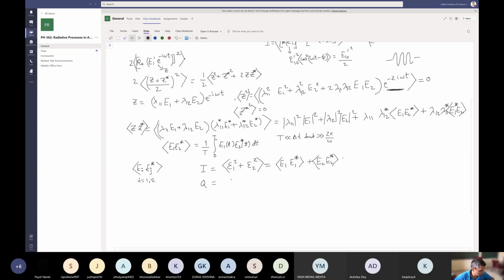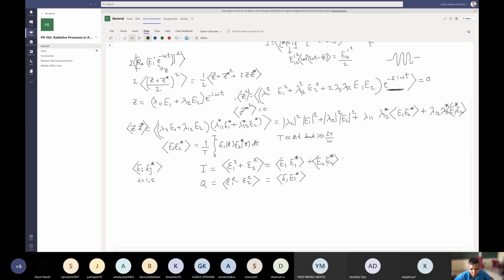Okay, what about Q? Q was equal to epsilon1 squared minus epsilon2 squared, the difference between the two powers in the principal axes, and that is nothing but E1 E1 star minus E2 E2 star. And recall these I, Q, U, and V are real numbers.